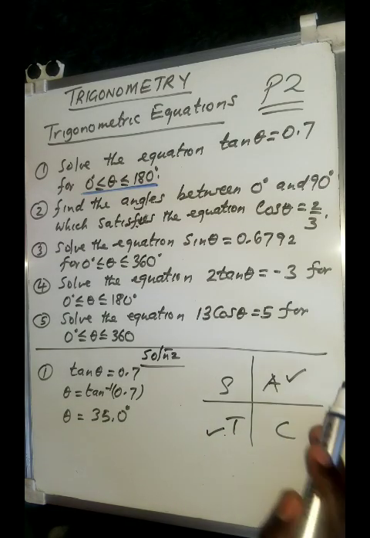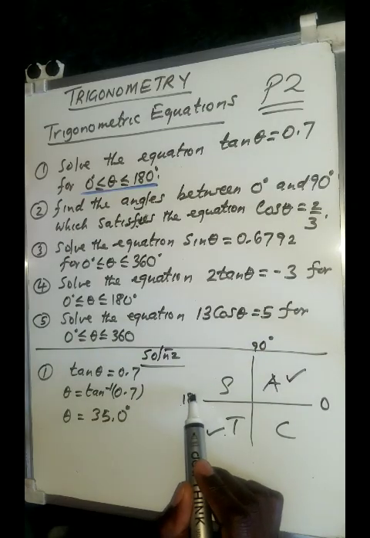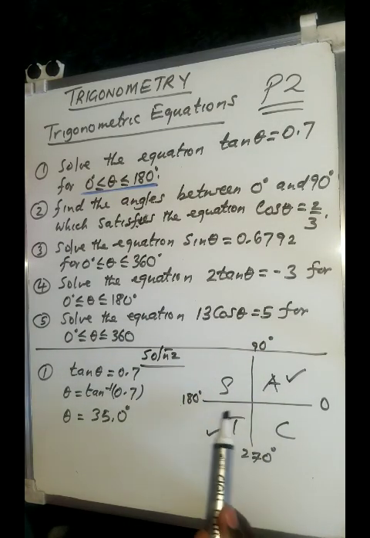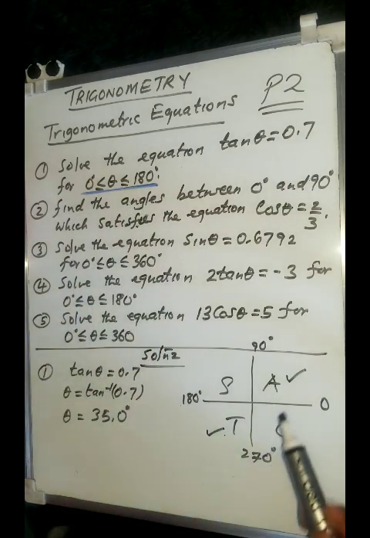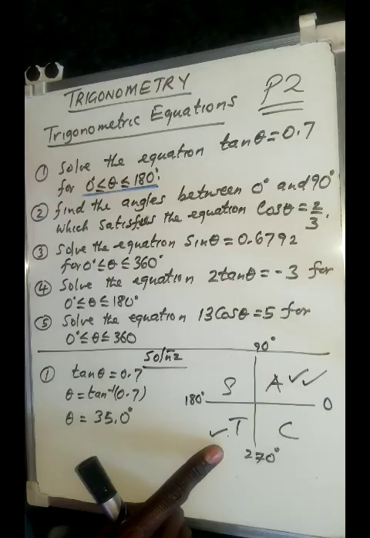But remember, this is 0, 90 degrees, that is 180, and this is 270. The third quadrant, between 180 and 270, goes beyond the boundary they have told me, meaning your solution will only come from the first quadrant. You will not pick up this one because it has gone above 180.